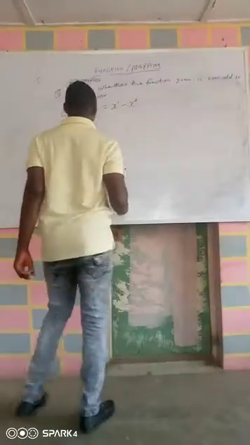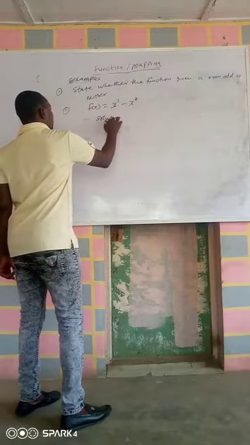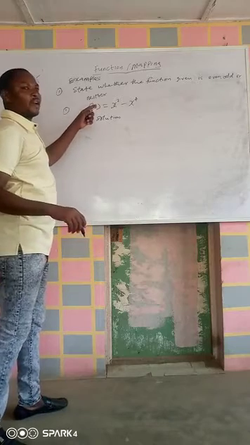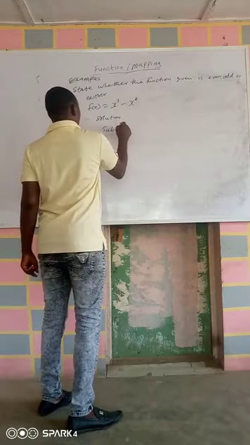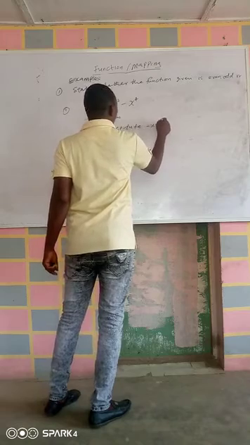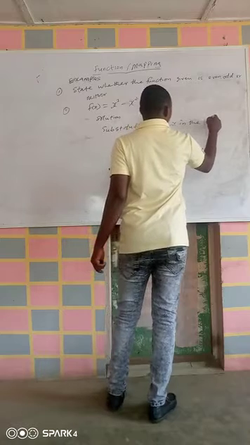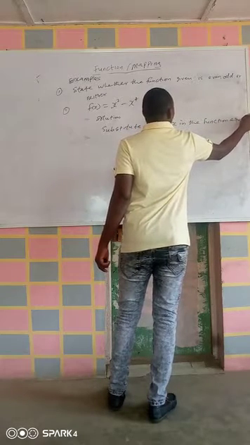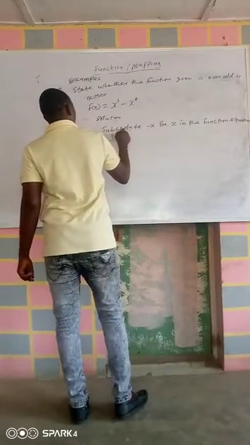The first thing to do in the solution is to substitute, pick f of minus s. So substitute minus s for x in the function equation given above.